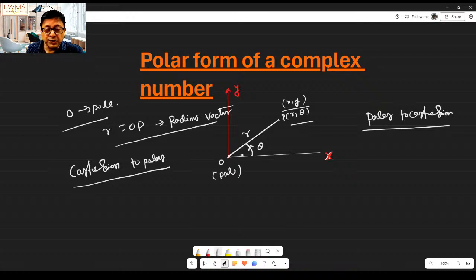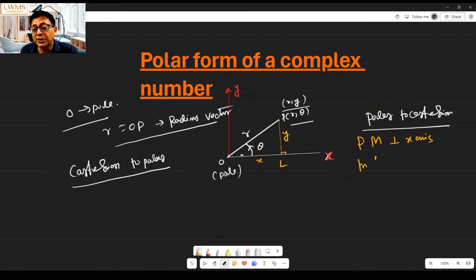Polar to Cartesian, if you want to convert, you draw a perpendicular here. From P, you draw a perpendicular. Let PM be perpendicular on the x-axis. Then what about this point? It is x. What about this point? It is y.